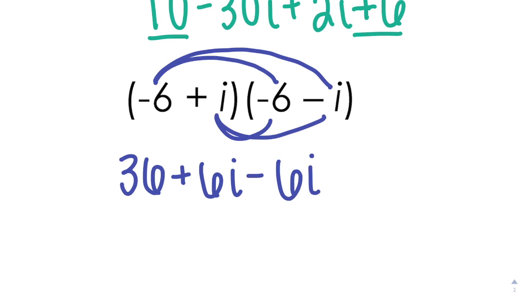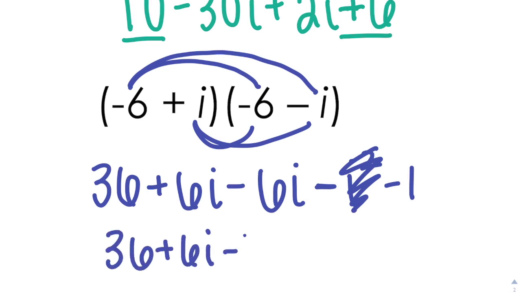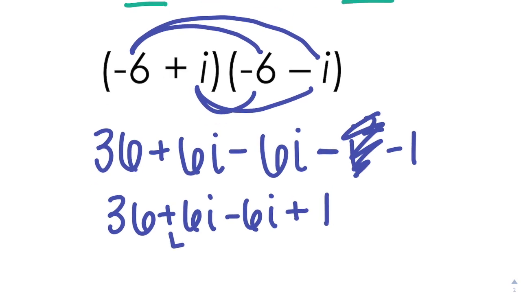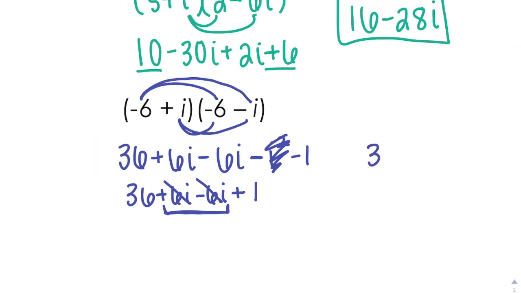And i times negative i is negative; positive times negative makes a negative. i times i is i squared. Well, i squared is just negative 1, so I could cross that out. Negative 1, which becomes 36 plus 6i minus 6i plus 1. And if you notice, 6i minus 6i cancels out, and I'm just left with 36 plus 1, which is 37.